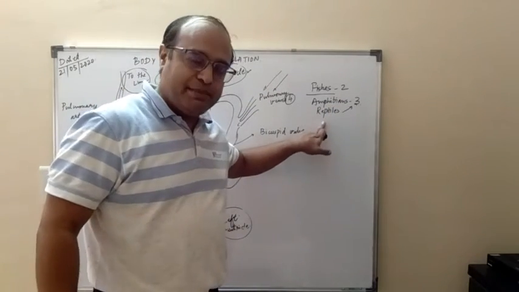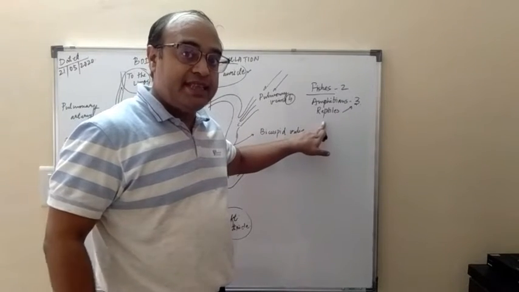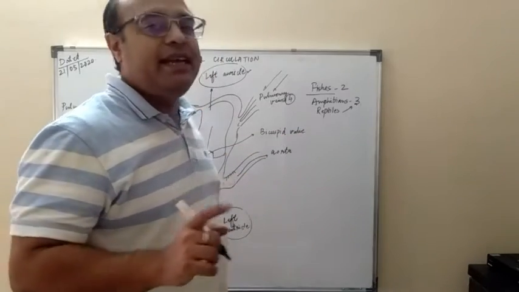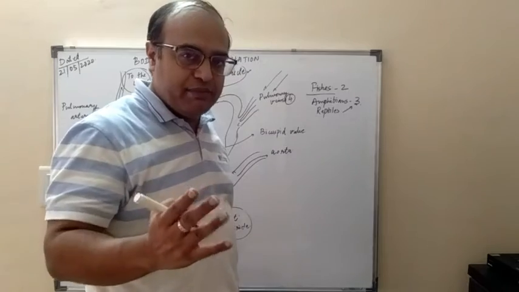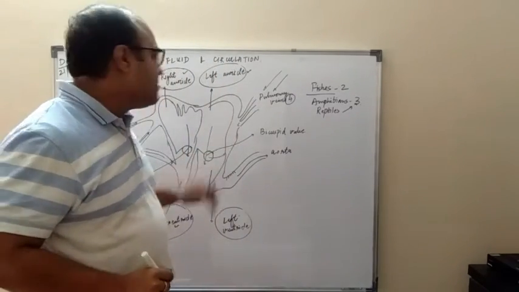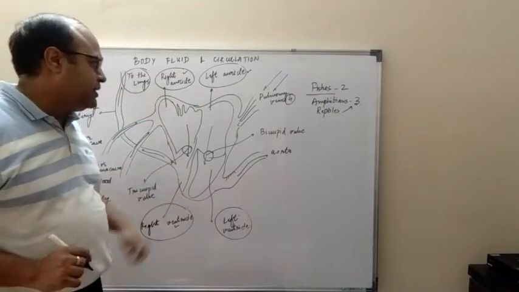But there is an exception: the crocodile and the alligators have four chambers in their heart. Though a crocodile and alligator are reptiles, they have four chambers just like the human and the rabbit heart. So these are the four chambers of the human heart.